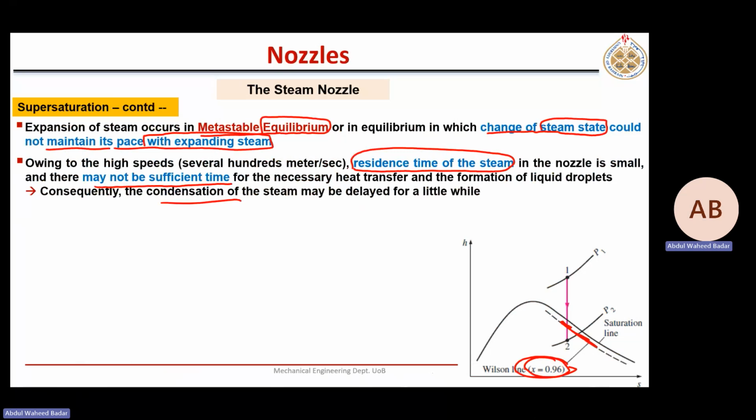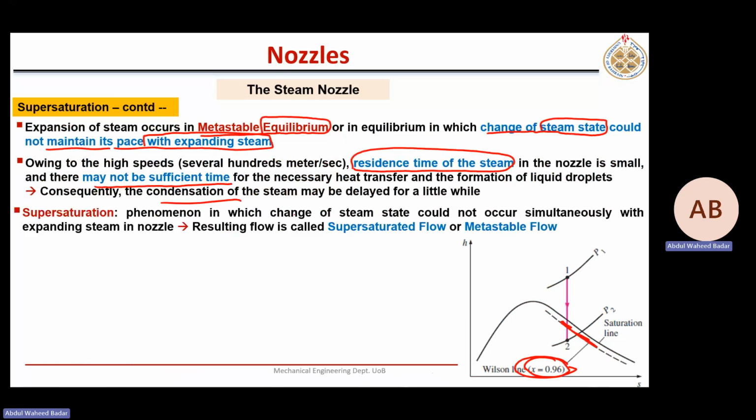That's why the condensation is delayed. This phenomenon, in which the change of steam state could not occur simultaneously with the expanding steam in a nozzle, is called supersaturated flow or metastable flow. There are two names. It should have been saturated here, but as this point is shifted here, it is called supersaturated.